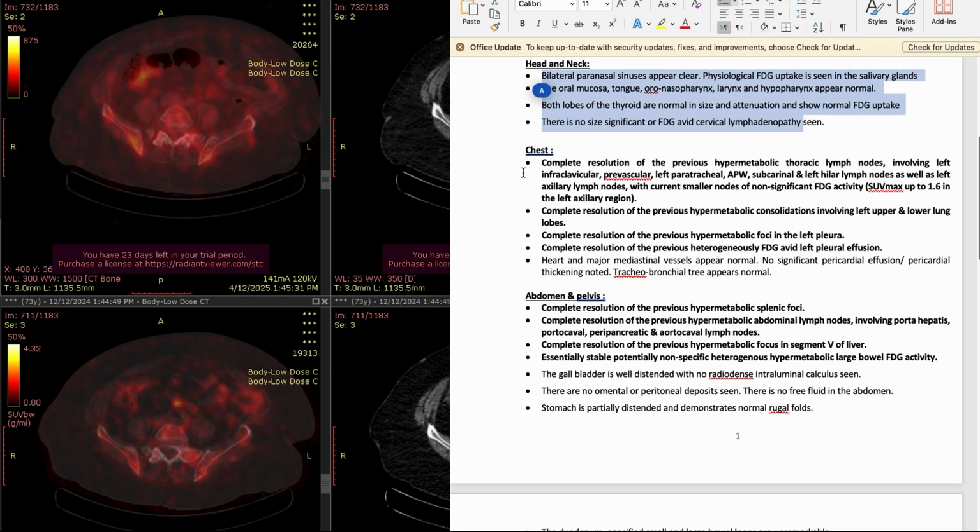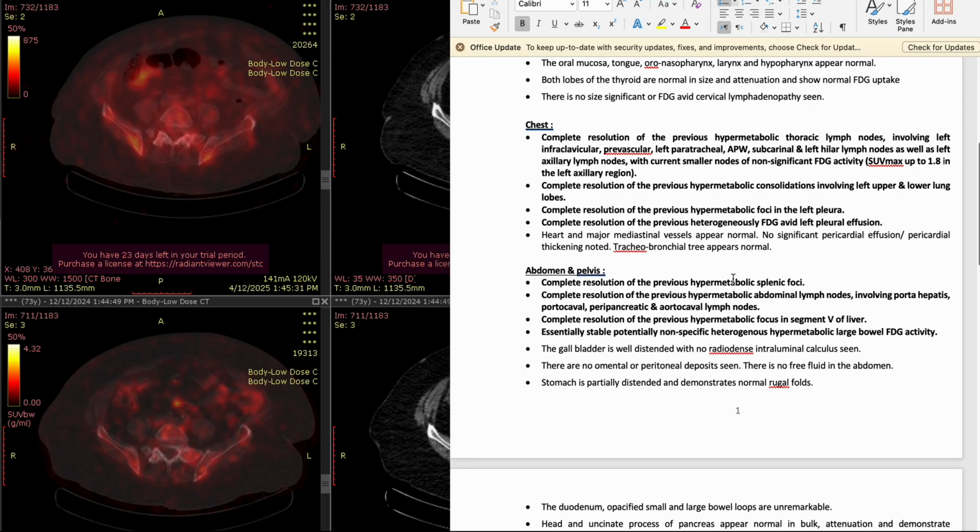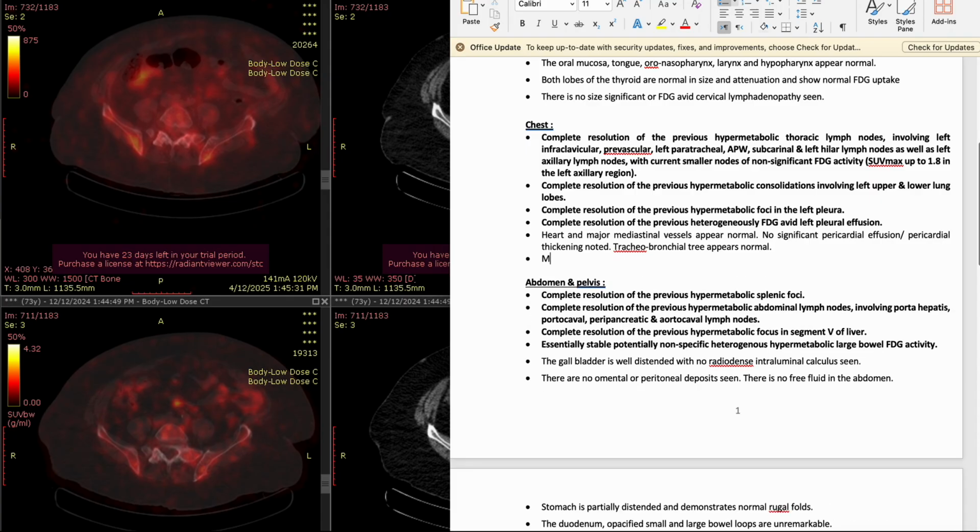This is the chest. Complete resolution of the previous hypermetabolic thoracic lymph nodes involving the previously mentioned sites, with current smaller nodes of non-significant size. We should write the SUV max of the most prominent one to compare it with the liver, as we say it's 1.6 or 1.8, and the liver SUV max around 3. The mediastinal, we should write it in the chest.